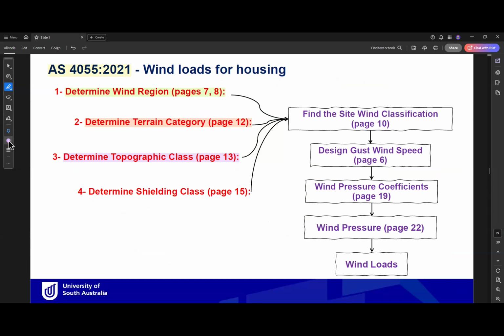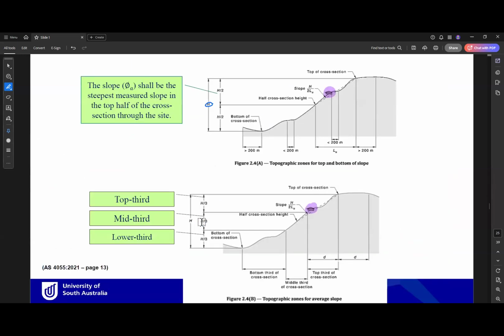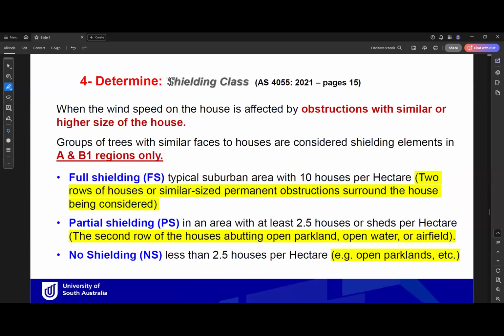The last one is determining the shielding class. So the shielding class means how the buildings surrounding the designed building affect the wind. So if we go to the shielding class here, the shielding class is when the wind speed on the house is affected by obstructions with similar or higher size than the house.